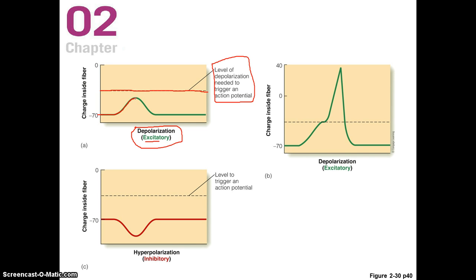So now, if this cell just gets a little bit more stimulated, right? Look at how close it is to the threshold value. It doesn't need much more before reaching it. So at this point, it's very easy to get this cell to generate an action potential, right?